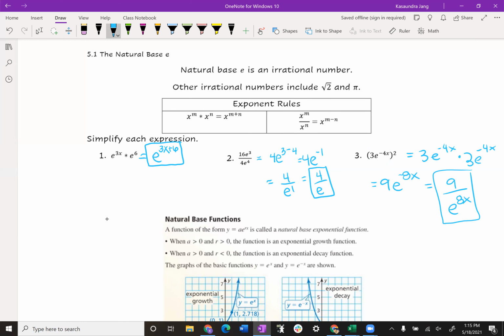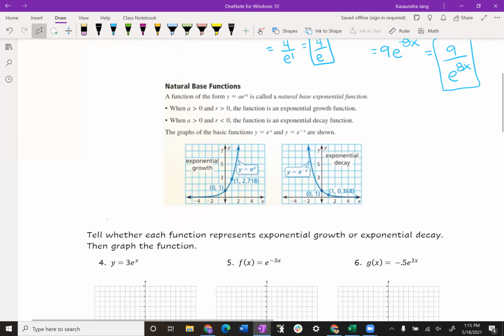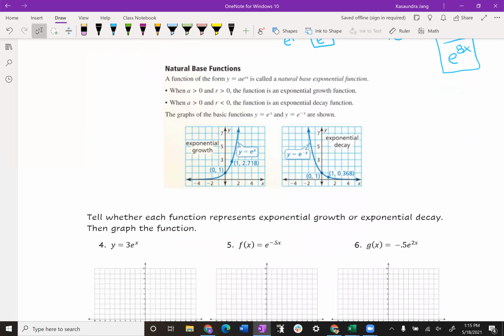Okay, so then there are the natural base functions that we're going to look at on some graphs here. A function of the form y equals a e to the rx is called a natural base exponential function. We're going to look at 2 different cases where the a, the a in front here, is greater than 0. Actually, in both of these cases the a is greater than 0, so you've got some positive number out there.